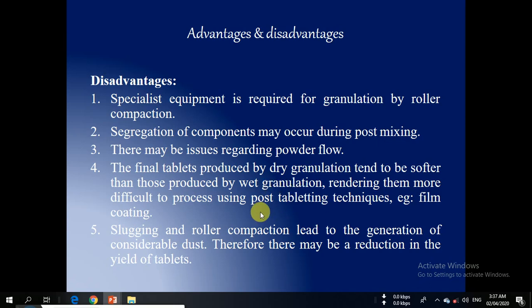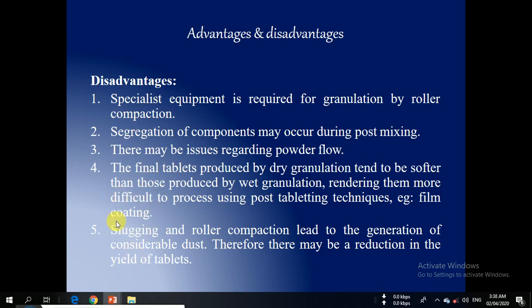These steps I have already explained in the wet granulation process. Being softer, they are more difficult to process using post-tableting techniques, for example film coating.